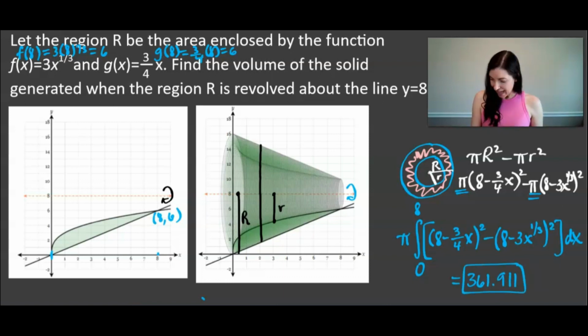And again, we have just found the volume of the solid if you take this region, which is enclosed by f of x and g of x, and revolve it about the horizontal line y=8.